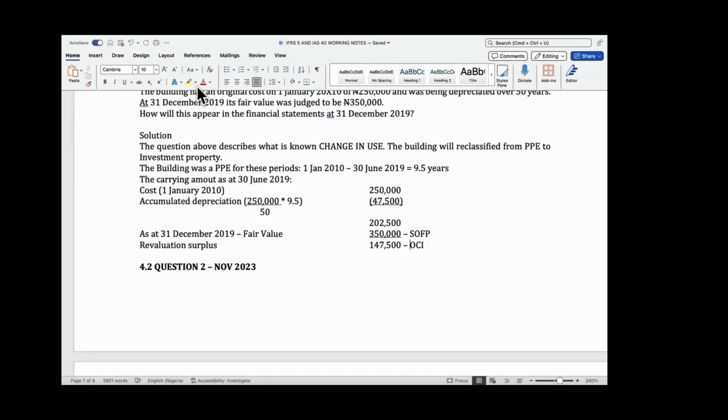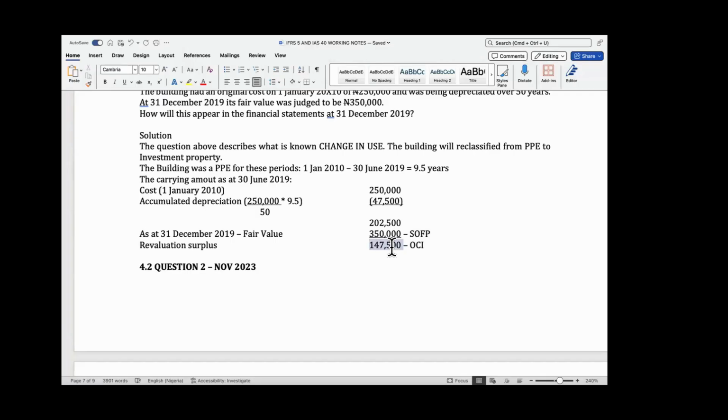In this case, there is a change in use from PPE to investment property. We now measure these assets at the date of change.